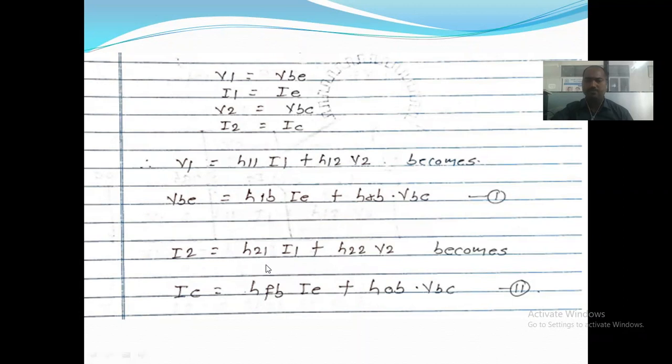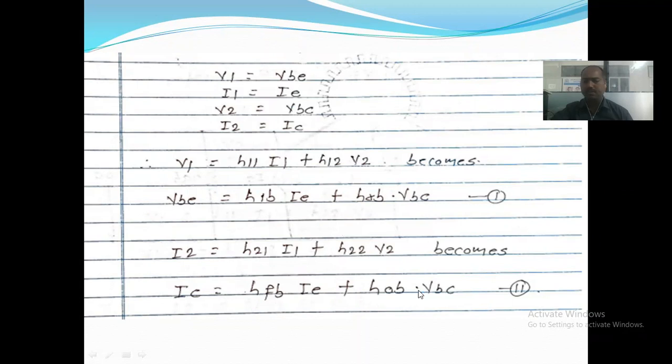HF for forward, and this is for the common base. That's why HFB, right? So into I1, that is IE, plus H22. H22 is nothing but the ratio of I2 divided by V2. I2 divided by V2 is the opposite of V1 upon I1, right?